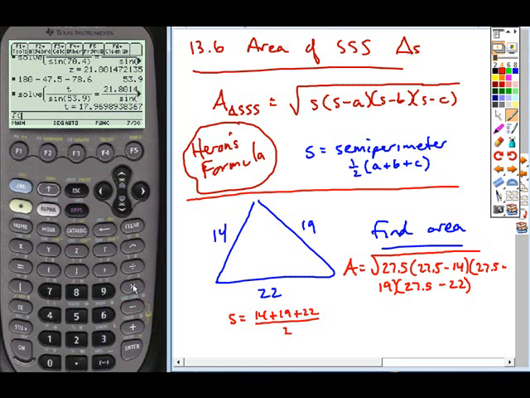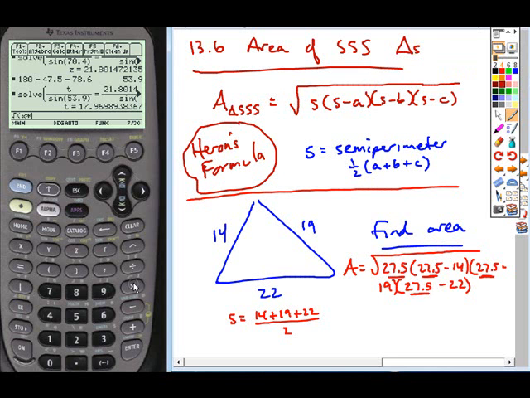So I take the square root of 27.5 times... now you can enter this several different ways. Since I know this number is going to be the same in all of these, rather than type it out every single time, I'm going to just call it x, and then assign it a value at the end.